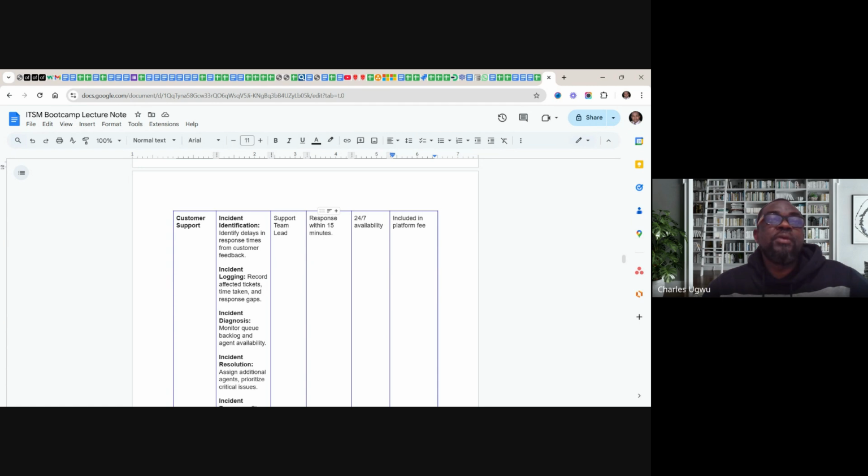We are responding within 15 minutes, that's contacting them to let them know that we've received their ticket, but it doesn't end there. We need to resolve that incident. In as much as we've responded that we have received it, we still need to get back to them to tell them that the incident has been resolved, and this cannot take forever. It must be done within a stipulated period of time. That is the full service level agreement.